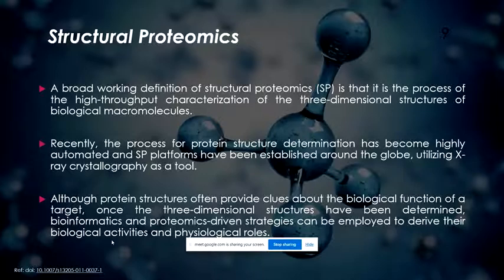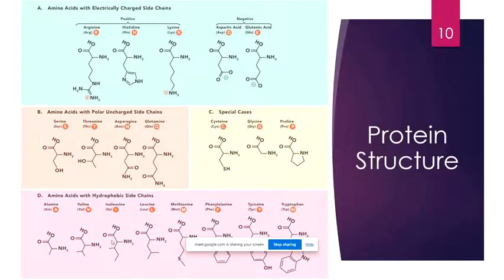That is why the structural proteomics part has developed, so that we can use bioinformatics and the power of computation to predict the structure of a particular protein. As you know, there are 20 amino acids that make up the structure of a protein.